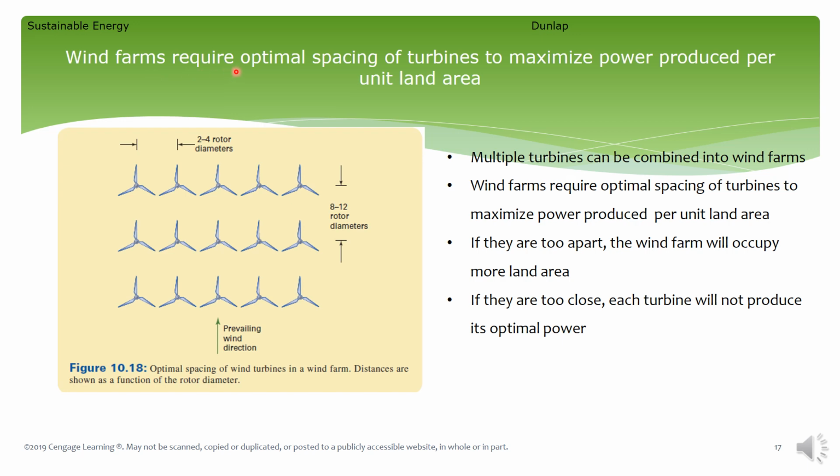Wind farms require optimum spacing of wind turbines to maximize power produced per unit area. This figure shows optimum spacing of wind turbines in a wind farm. Distances are shown as a function of rotor diameter.